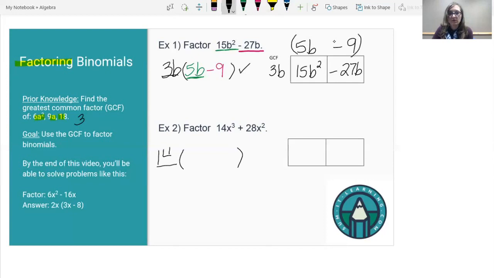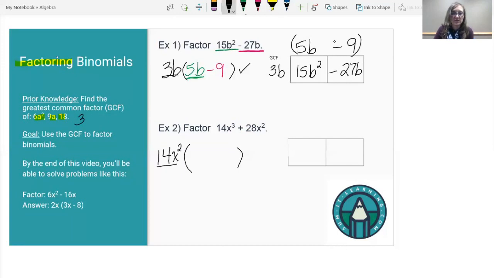So we're going to go ahead and factor out 14. And then we've got x cubed and we've got x squared. So we're going to be able to pull out 2 x's. So x squared is what we can pull out front because it's always going to be whichever one's smaller.